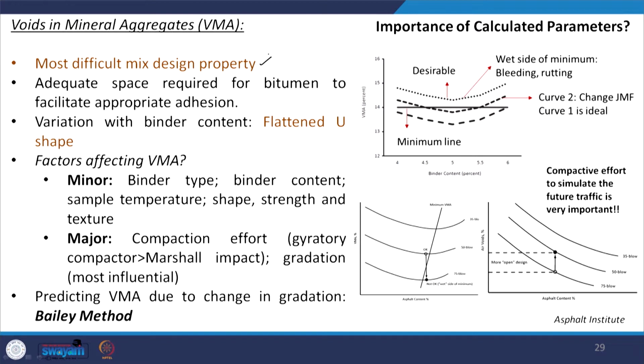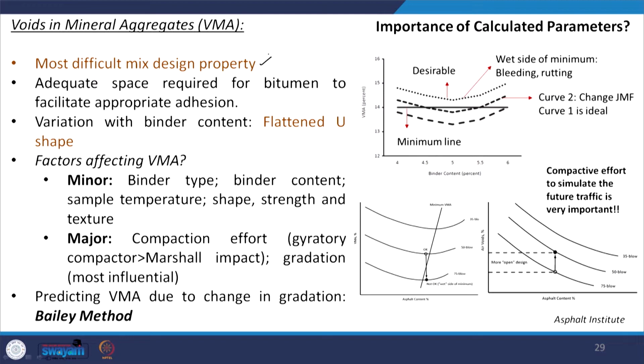It also depends on external factors like the compaction which we are applying. So, with change in compaction, VMA again changes. That is why it is one of the most difficult mix design properties to understand, because different aggregate sources, different types of binder, in fact the mixing temperature or compaction temperature, change the value of VMA in the mixture.